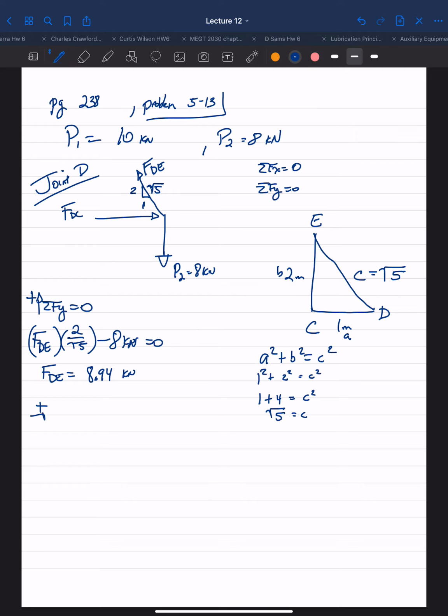Secondly, solve for sum of our forces in the x direction. You have FDC minus FDE, which we know, times the x component, which is 1 over the square root of 5, equals 0.